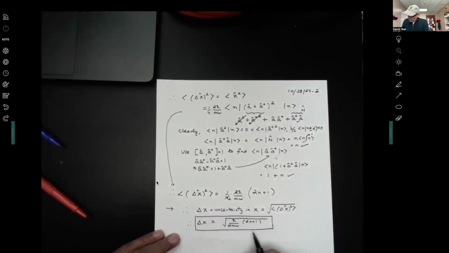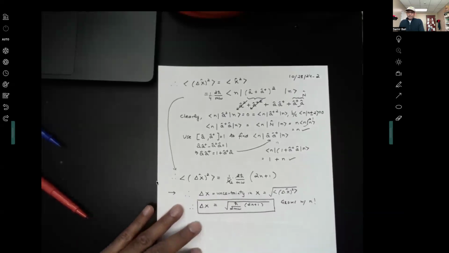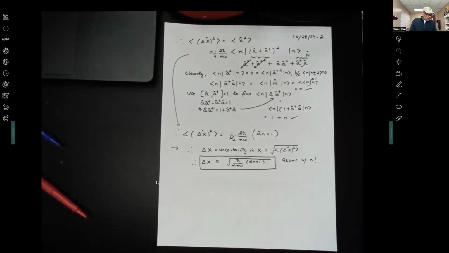Okay, so you note that the uncertainty in x grows with the number n. That's interesting. All right, so we got that. And then similarly, we can calculate delta p.